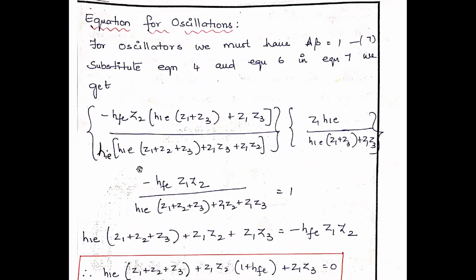So HIE into Z1 plus Z2 plus Z3 plus Z1 Z2 plus Z1 Z3. Okay. A beta we are taking, common terms we can cancel out, we are cancelling that. And the condition for sustained oscillations is A beta equal to 1. So we are doing equal to 1.